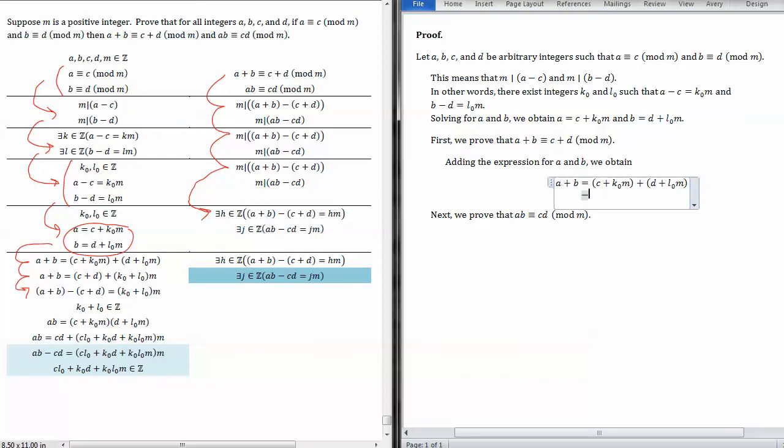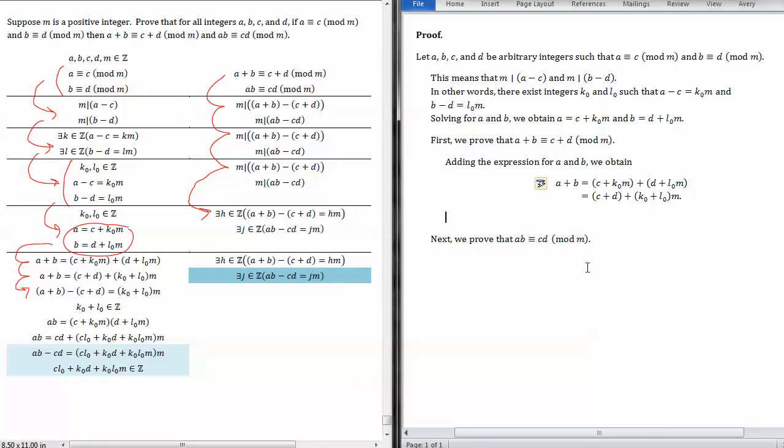Then let me go to the next line and continue. I'm going to group together the c plus d and the other terms, k naught plus l naught, with an m factored out. I'll stop there and throw in a sentence.